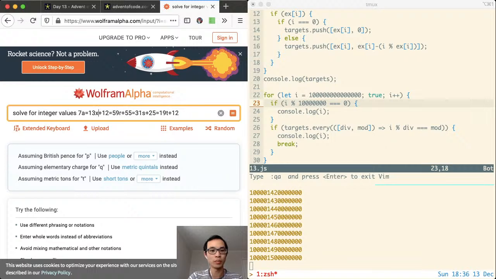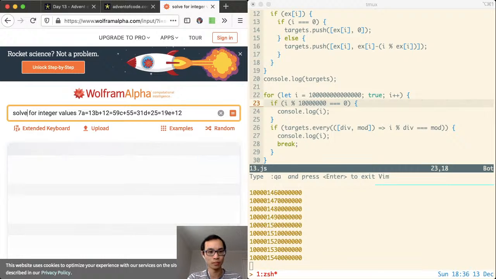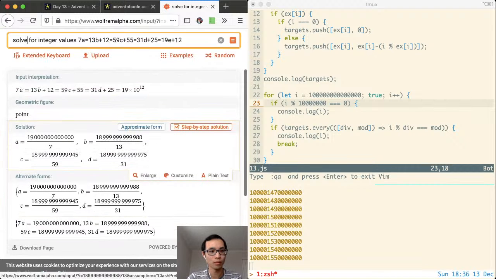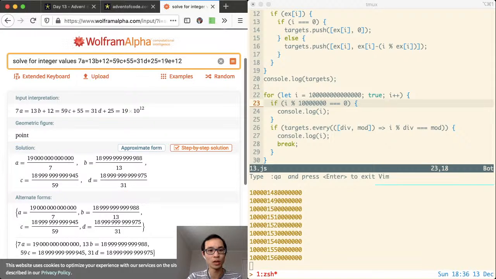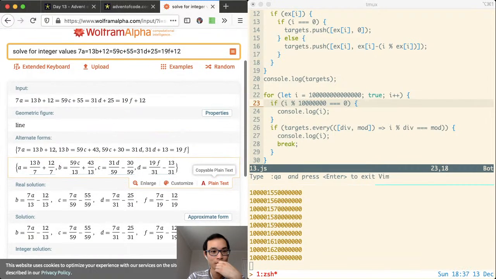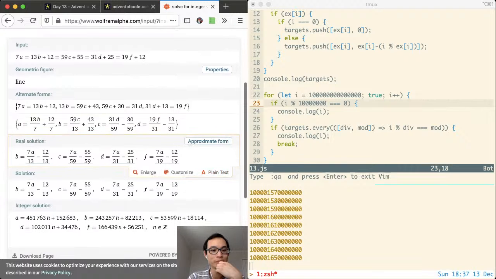A, B, C, D, E. Right, I need letters that it's happy to treat as variables. It's too many dimensions. It doesn't like it.